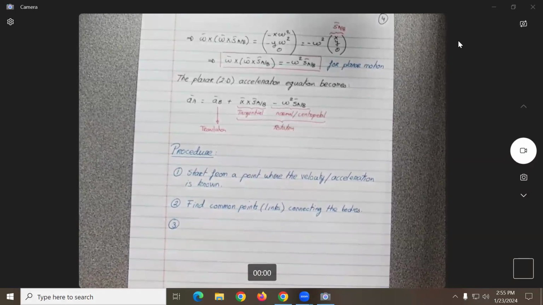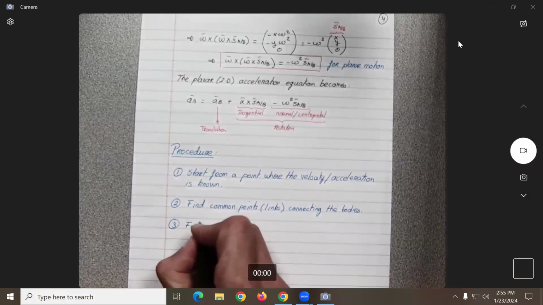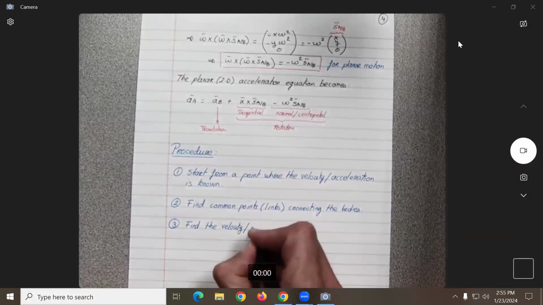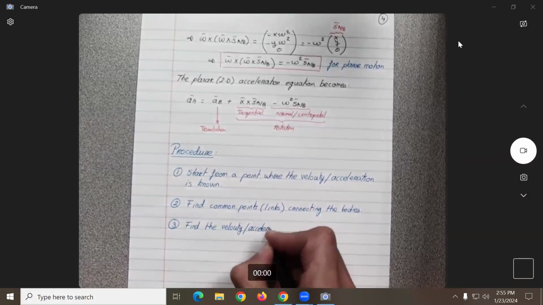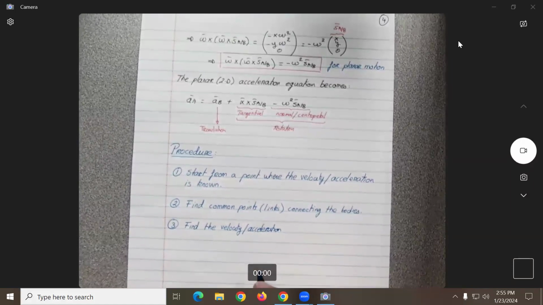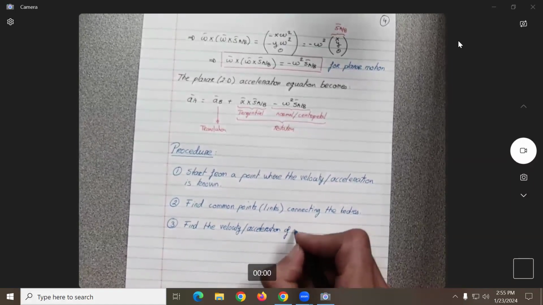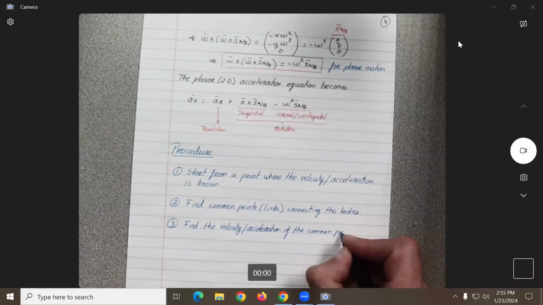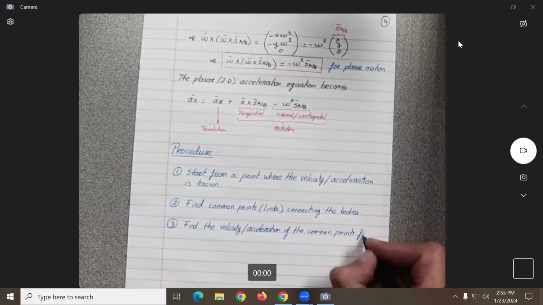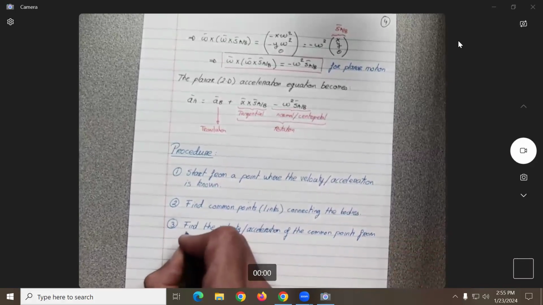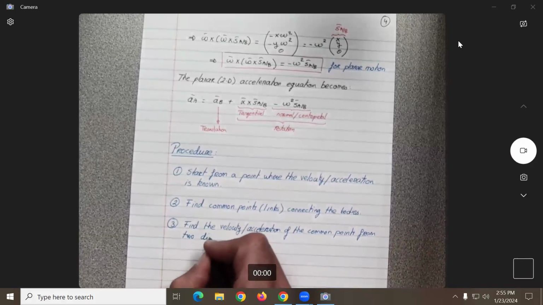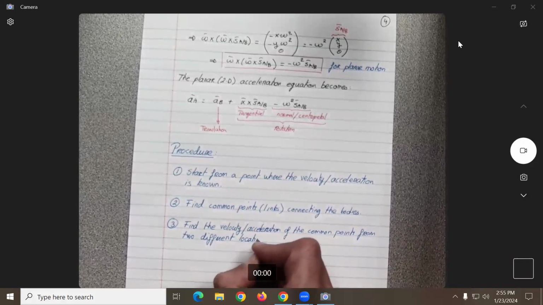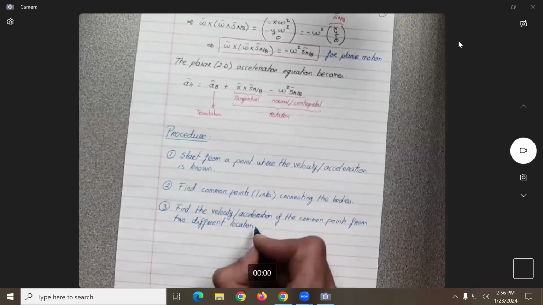Three, find the velocity/acceleration of the common points from two different locations.